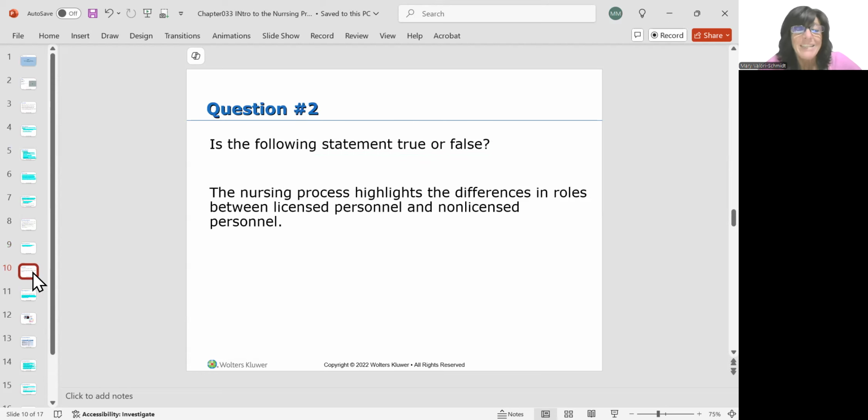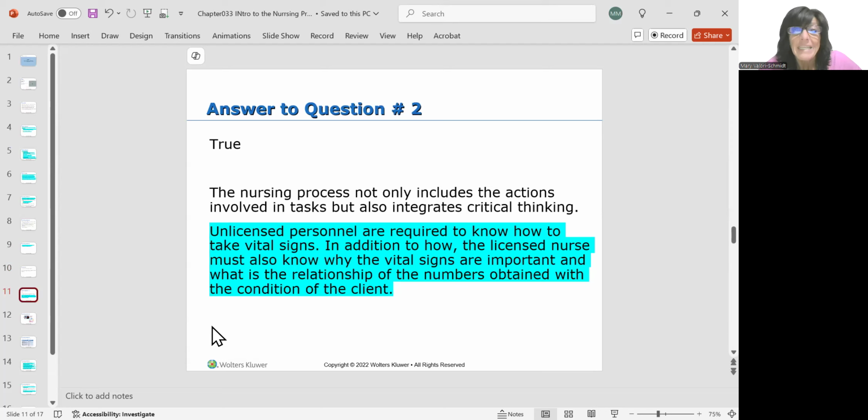Right? Is the following statement true or false? The nursing process highlights the differences in roles between licensed and non-licensed personnel. What do you think? If you said true, you'd be right. So this is what's important. Unlicensed personnel are required to know how to take vital signs.